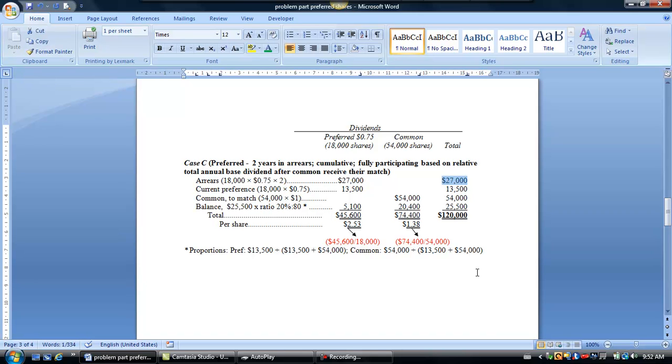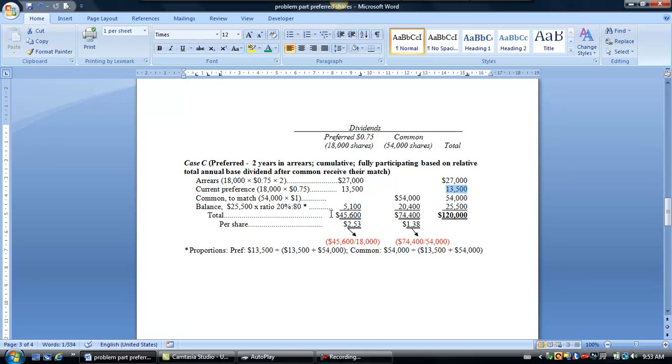Now, let's look at the current year. In the current year, the preferreds would get paid before the common, $13,500, and that's based on the regular 75-cent dividend that's stated, times 18,000 shares that are currently issued and outstanding, and that's going to be $13,500 allocated to the preferred shareholders.